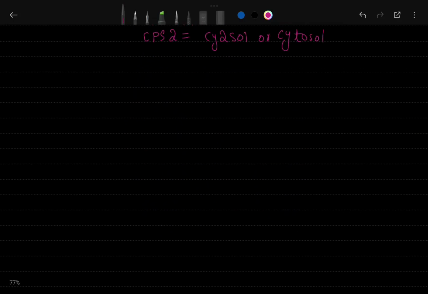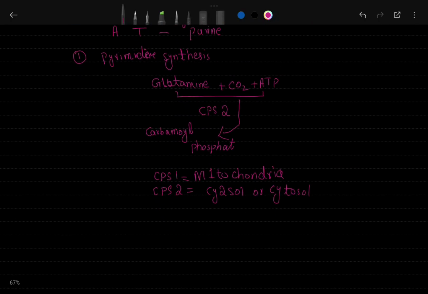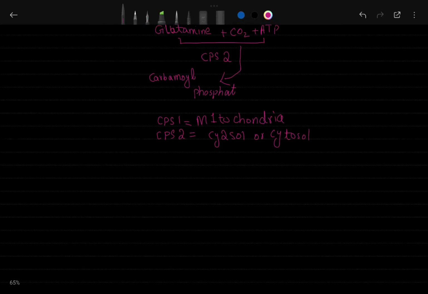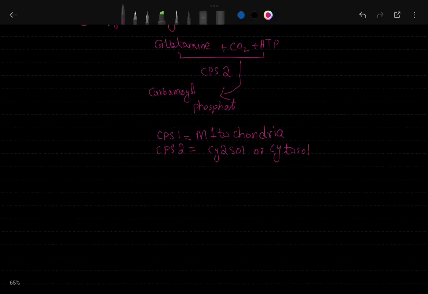Now we will talk about another step. Aspartate is added to carbamyl phosphate to create orotic acid. Carbamyl phosphate is made. So aspartate is added to carbamyl phosphate to make orotic acid.